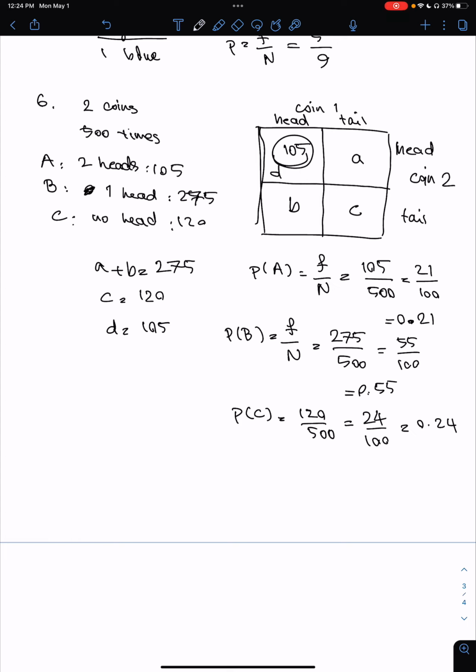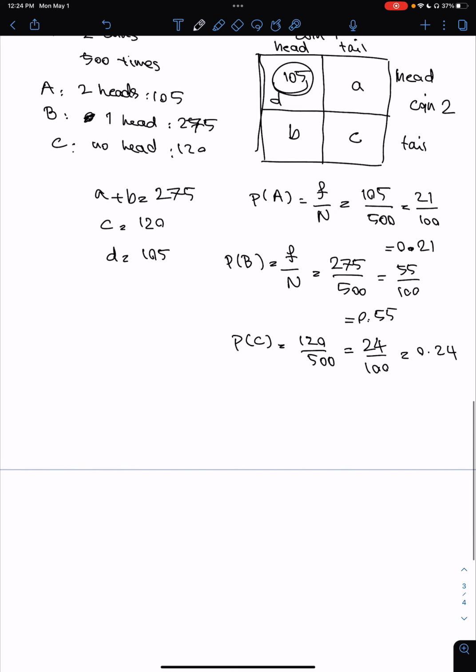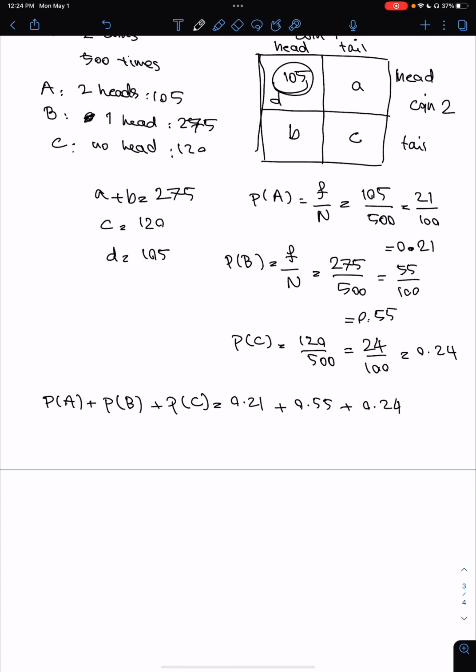And then, so this is the probability of each event, and then check or verify if the proportions add up to 1. So let's see, PA plus PB plus PC will be 0.21 plus 0.55 plus 0.24.